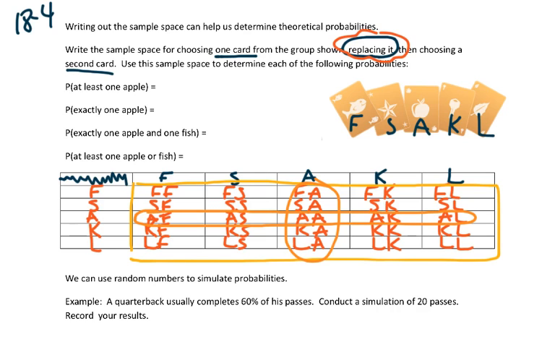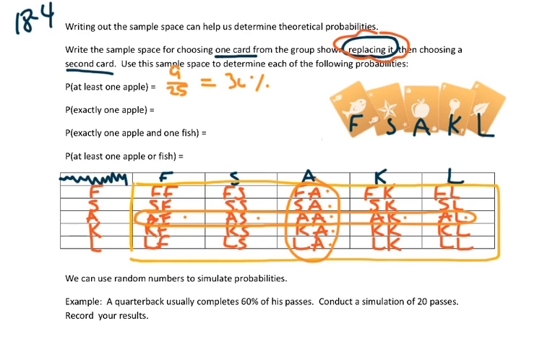So we have 1, 2, 3, 4, 5, 6, 7, I'm not going to count that one again, 8, 9. So my probability is 9 out of 25, which if I convert that to a percent, I'm going to multiply both top and bottom by 4 to get 100 on the bottom. That's 36%. So I have a 36% chance of getting at least one apple if I pick 2 cards, replacing the first card.